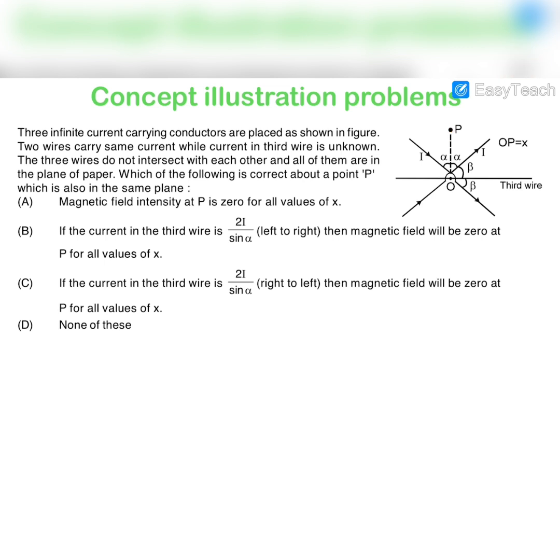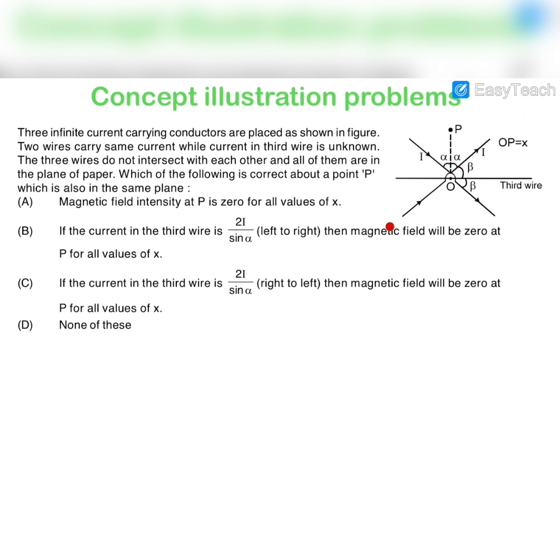So let us examine this case. We can see that this wire is carrying some current I, and this wire is also continuing this current to infinity.